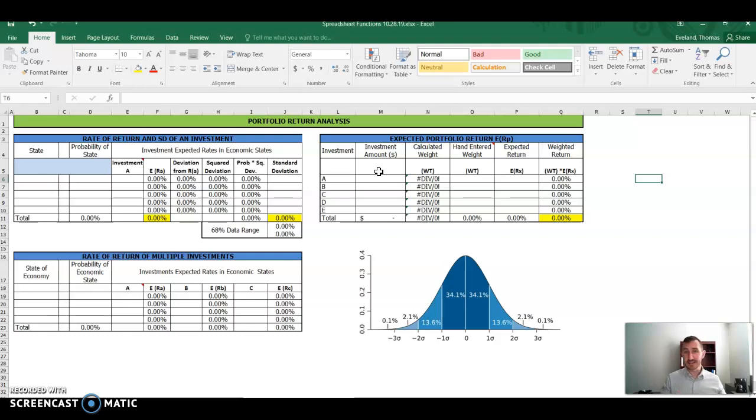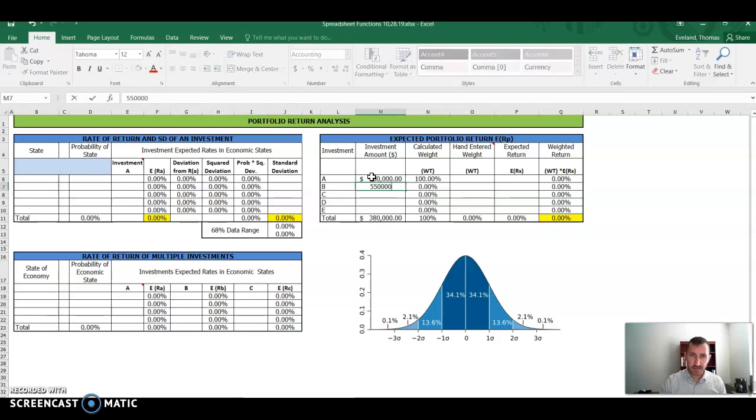The way this is set up, you can simply enter the weight or the value of each investment. And you can see while I do this that it calculates the weight of each investment for us, and it keeps a running tab so we can see where we are.